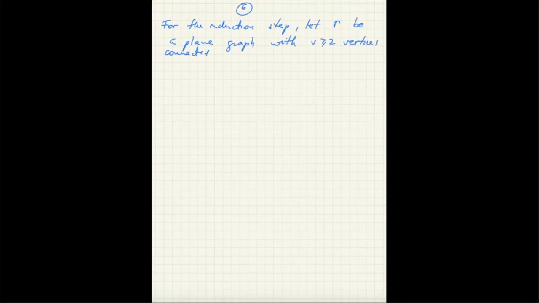Okay. And what we do is, let's say we have this graph, something like this. And then you take an edge. E is a bad name for it because we already have E, so let's call it E0.